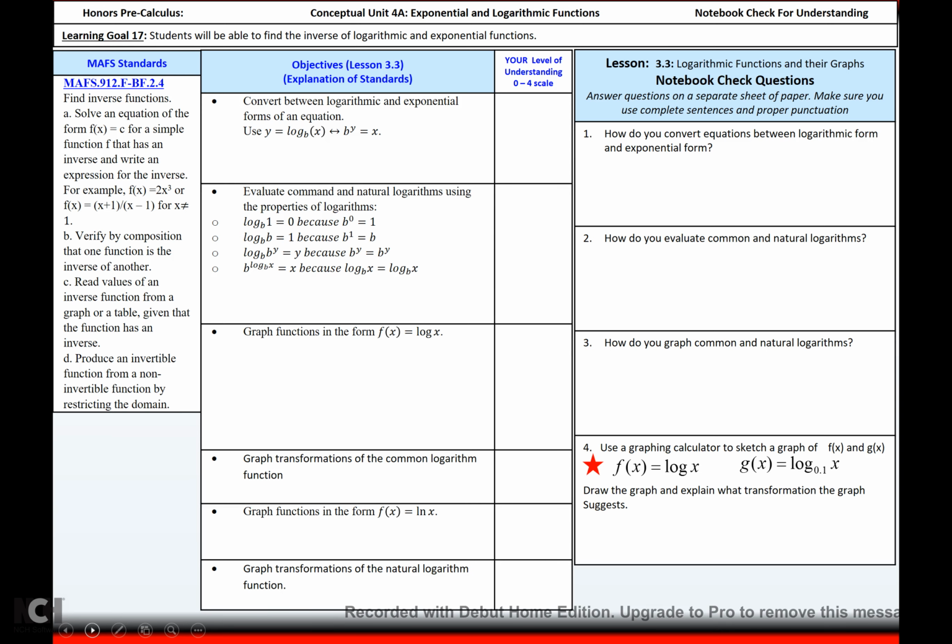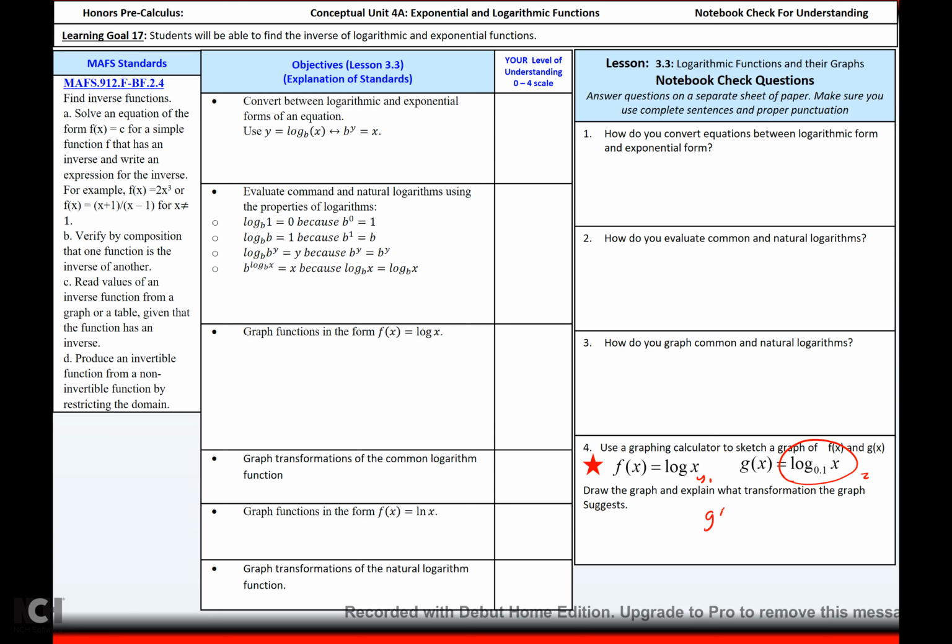Alright, so it says using graphing calculator to sketch a graph of f of x and g of x. So just type this in for y1 and type this in for y2, except you don't know how, darn it. To type this in for y2, you're going to have to do a change of base formula, which I haven't taught you yet, but let me just tell you how to type this.